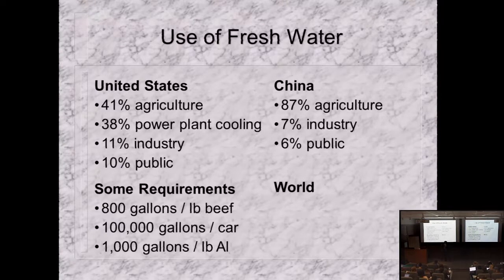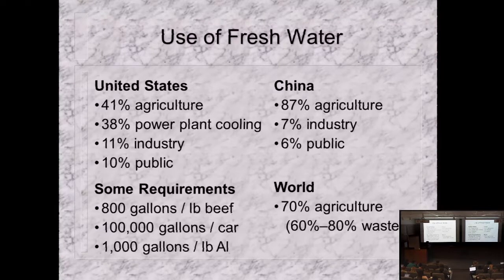Again, as China undergoes its industrial revolution, you'd expect the numbers to shift, right? So there'd be more percent of water use in industry and public. However, you would increase the overall water use, right? Because you're using more and more water in an industrial situation, and so overall there would be more water use.